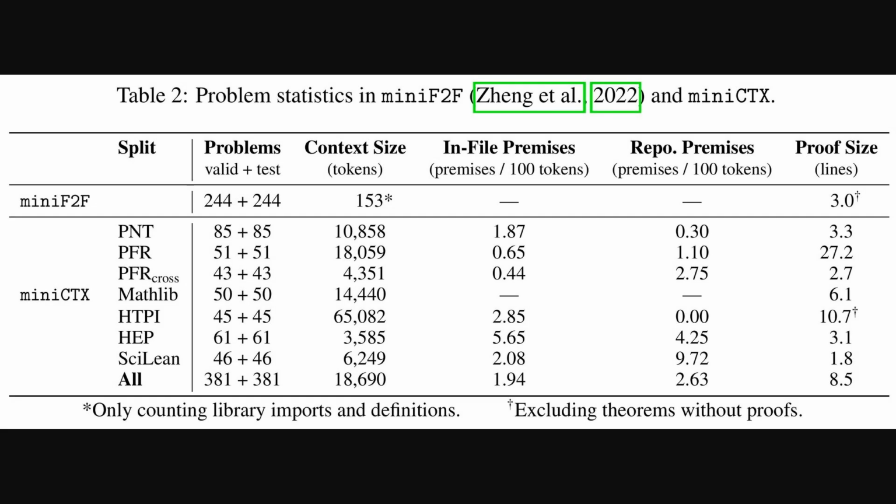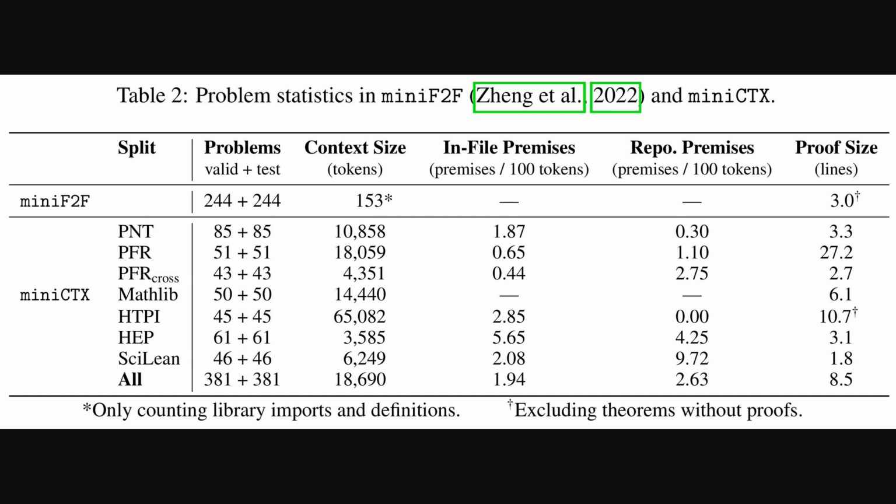Okay, so looking at this table 2, we get a clearer picture of the problem statistics for miniF2F compared to the new miniCTX benchmark. What really stands out is the context size, measured in tokens, which are essentially small pieces of text or code for the AI. miniCTX involves context sizes in the tens of thousands of tokens, vastly more than miniF2F.